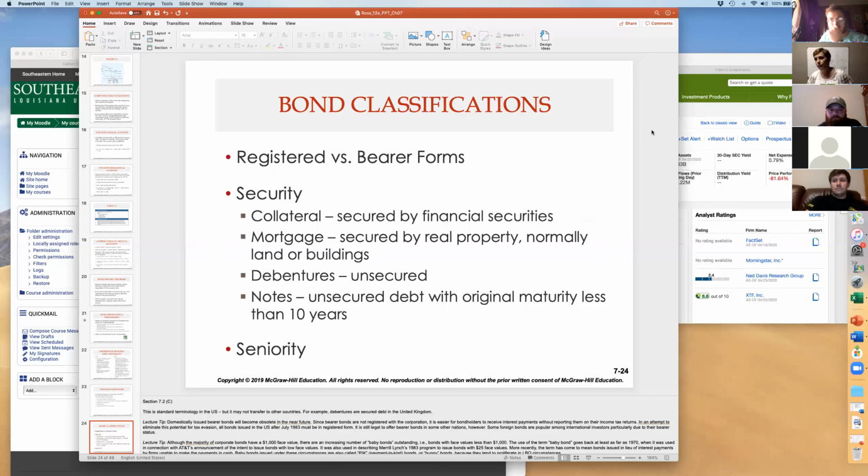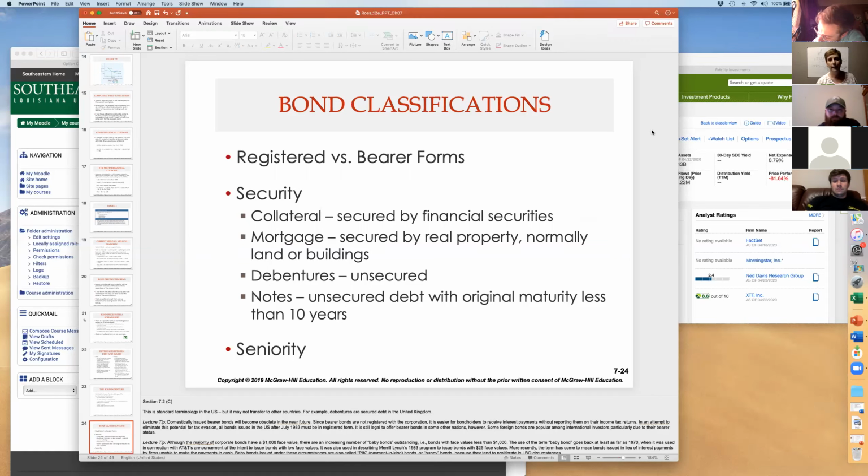A bearer form is where there is no registration, and instead you receive a coupon book as an owner of the bond. In this coupon book, you tear off the coupons and you have to write your name on it, put your address, and send it in the mail to the company.